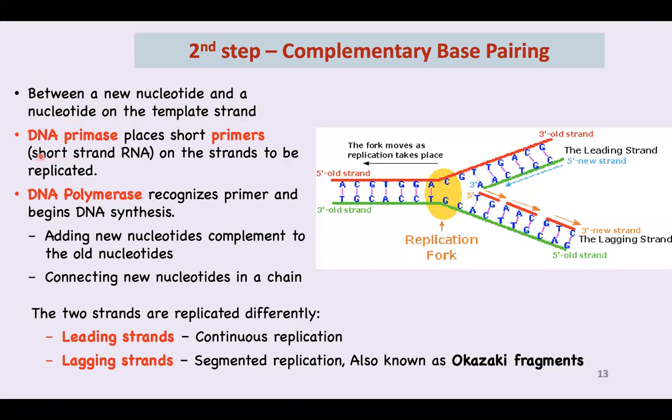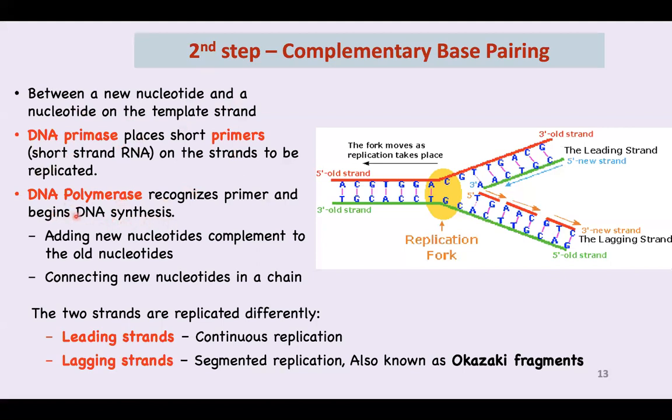Okay, so DNA primers. DNA primers ni places short RNA primer on the strand to be replicated. Macam you nampak dalam video tadi, dia letakkan the RNA primer. Okay, lepas tu baru the DNA polymerase recognize the primer and begin the DNA synthesis.